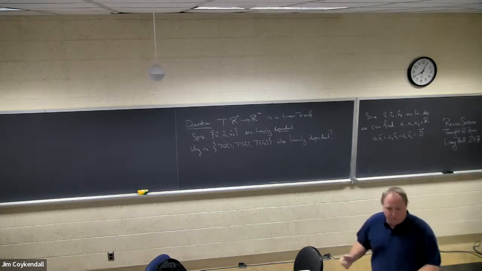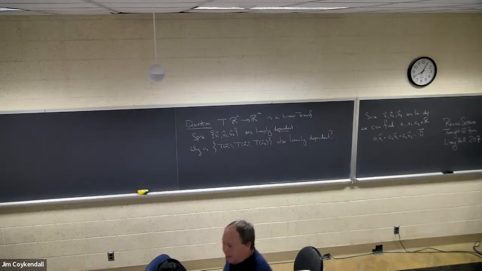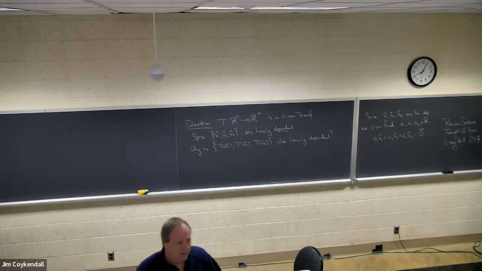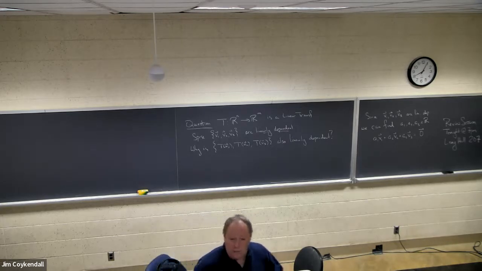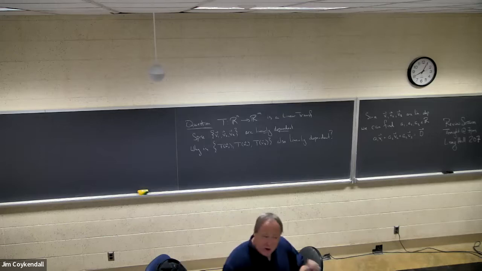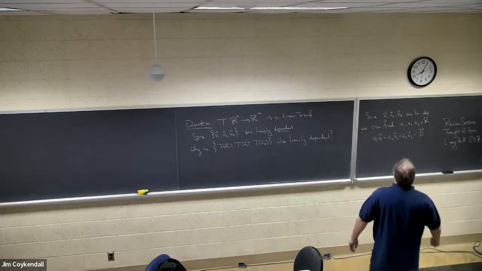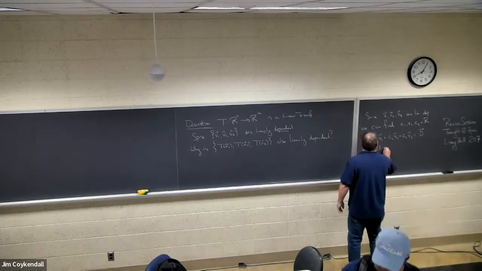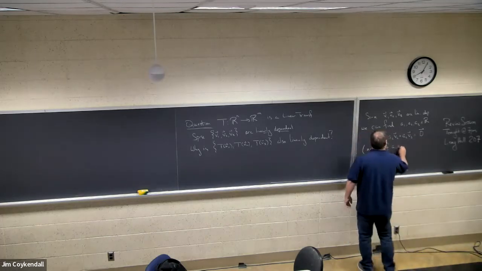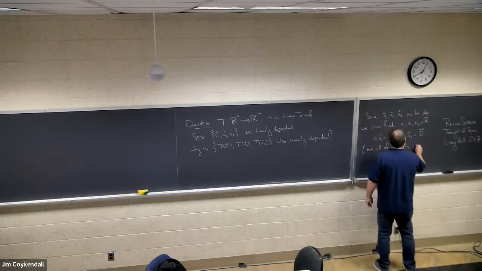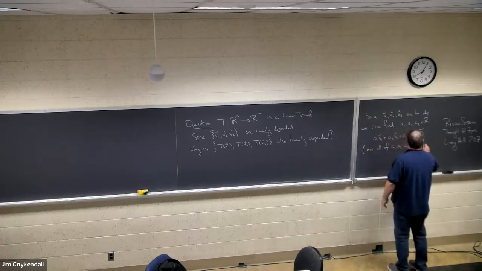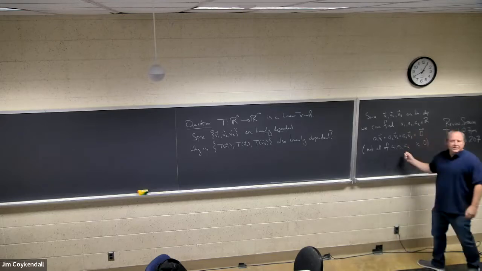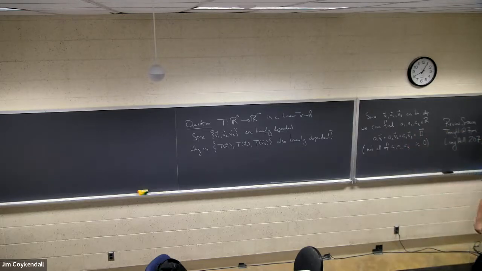What's one thing that we need to be able to say about A1, A2, and A3? They're not all zero. Maybe one of them is zero, maybe two, but they're not all zero. So at least one of these is not zero, correct?